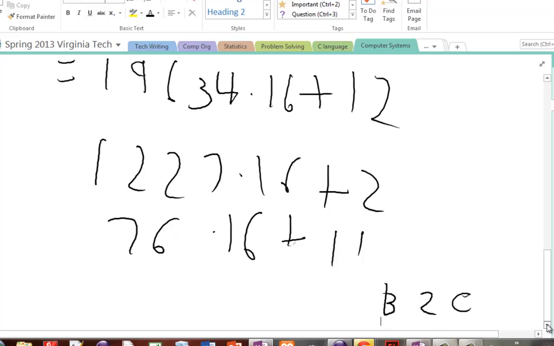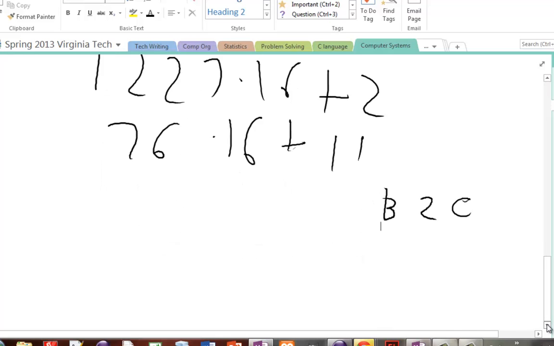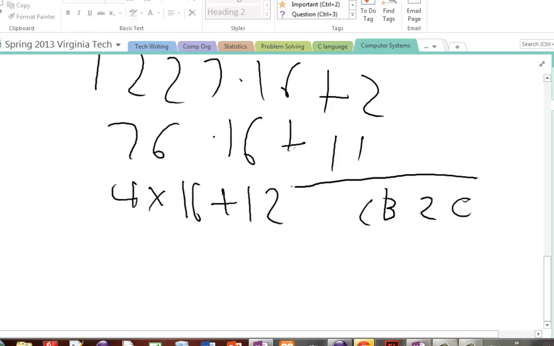Gosh, I'm running out of space here. And now I'm going to, again, take that 76 divided by 16 and get 4, plus 12. And the 12, again, refers to C, as we showed above. Let me put this in a special box here.